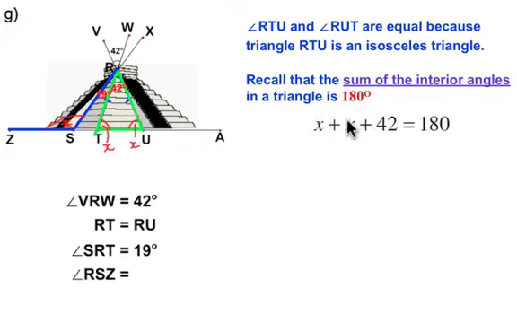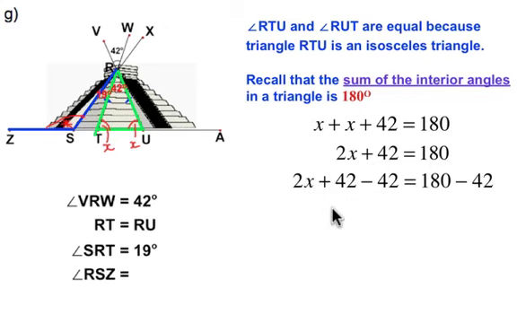So we can write the equation x plus x plus 42 is equal to 180. And we can collect like terms, and so we end up with 2x plus 42 is equal to 180. And so what we have to do now is subtract 42 from both sides to isolate the term with the variable. And so we end up with 2x is equal to 138.